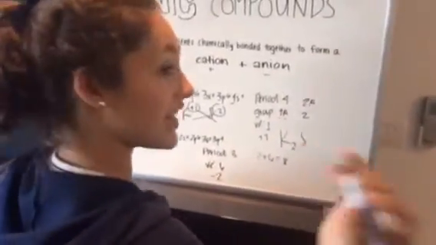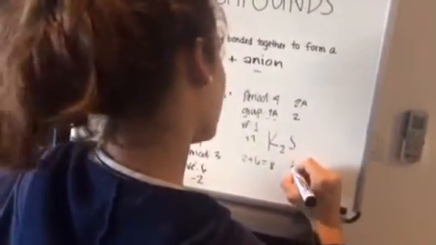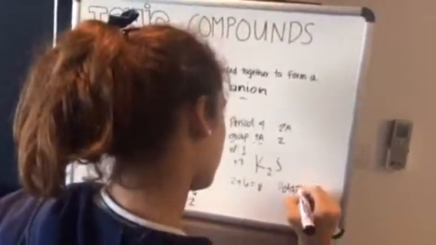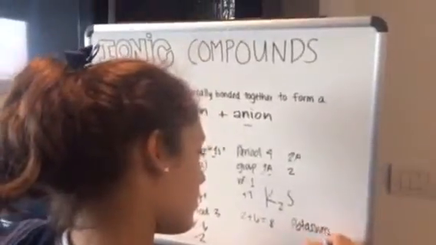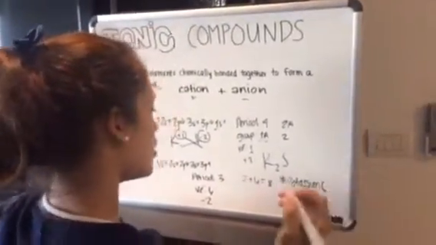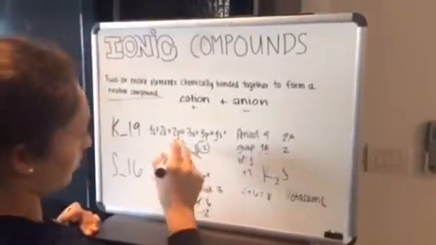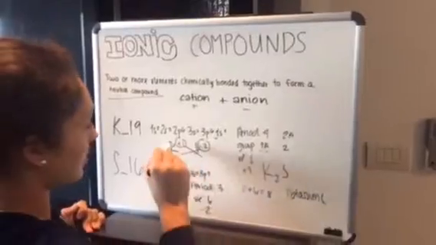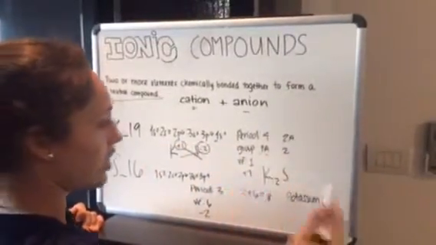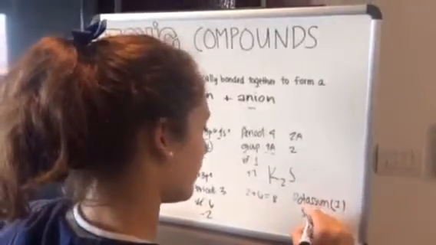And then the naming would be potassium. And then you use a parenthesis to show the number, like what it had before. But you use the one here, not the one here. So it would be 1 sulfur.